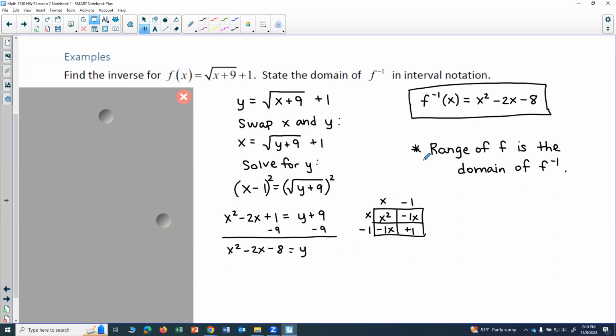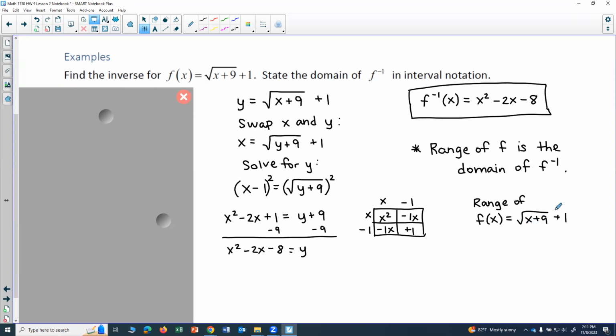Domain and range switch. So the range of f is the domain of f inverse. So what I want to think about is the range of f of x equals square root of (x plus 9) plus 1.